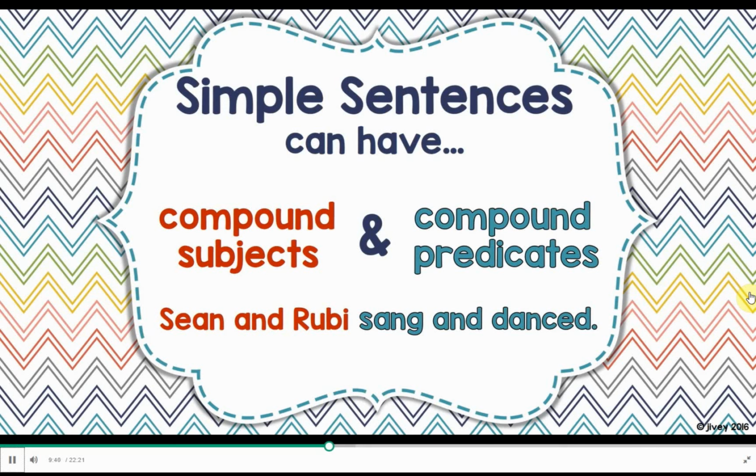Those would all be independent clauses, and they would be very basic, simple sentences with only 2 words. But we can make a simple sentence with a compound subject and a compound predicate by combining all of the subjects and all of the predicates into one sentence. Sean and Ruby sang and danced. Now we have one simple sentence with a compound subject and a compound predicate.